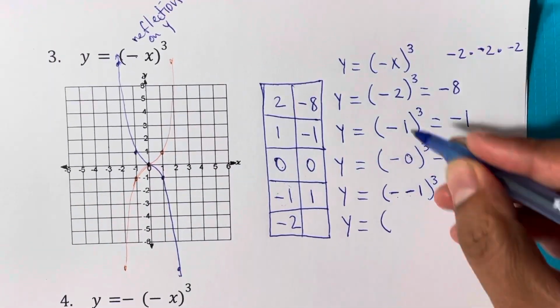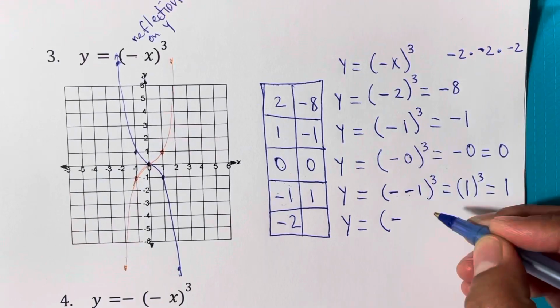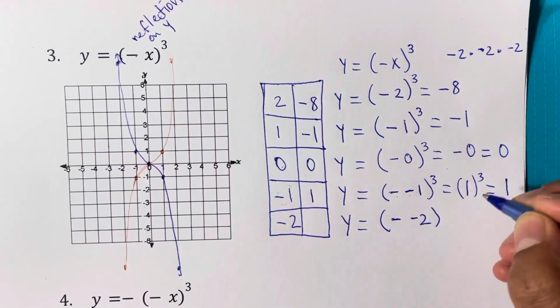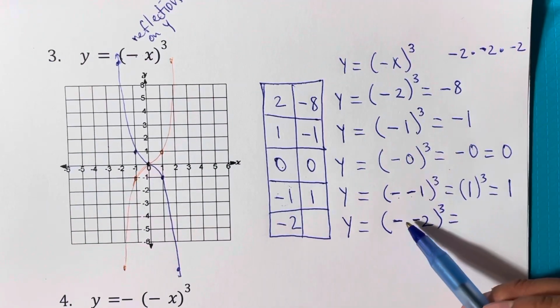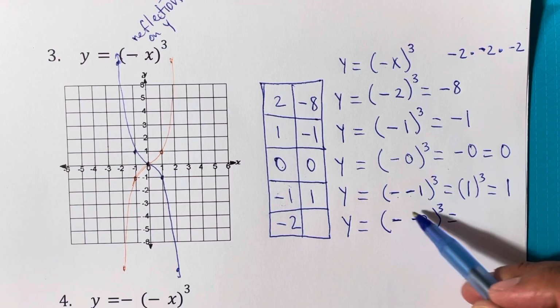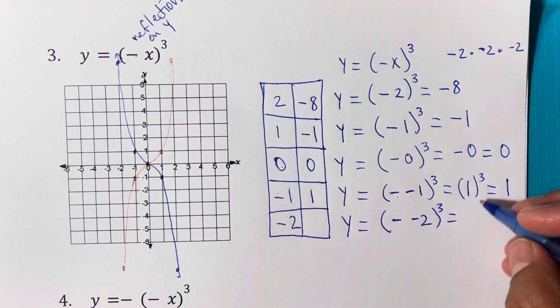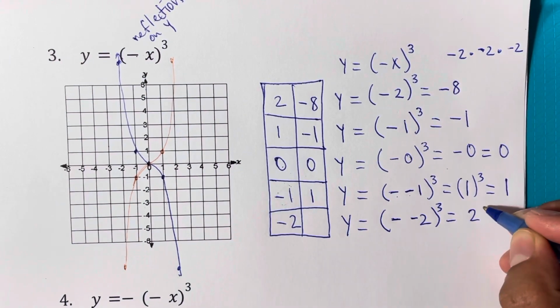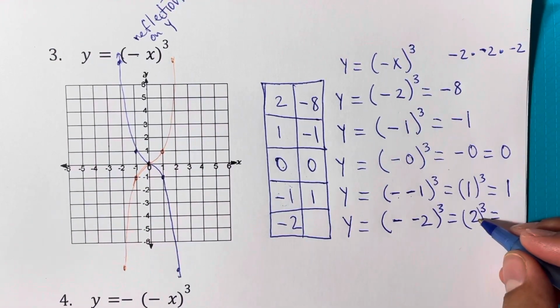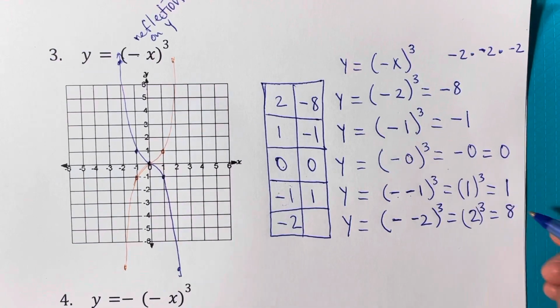For the next one, bring down the negative, substitute x with negative 2, and then remember that inside of the parentheses first we multiply the sign, so negative times negative becomes positive 2 cubed. You can put the parentheses or not, it's up to you. And 2 times 2 times 2 equals 8.